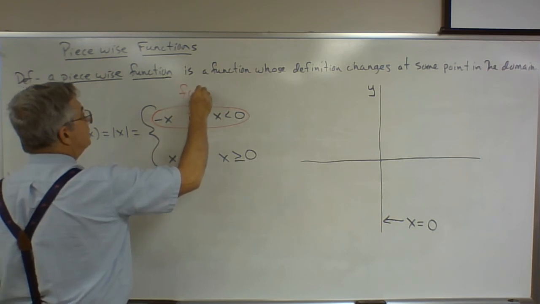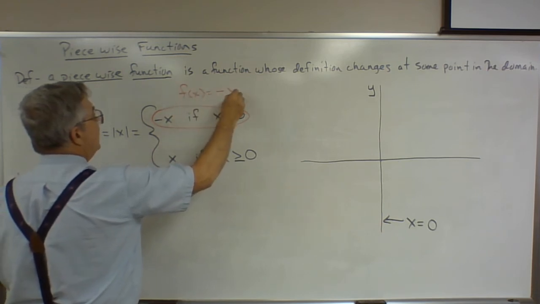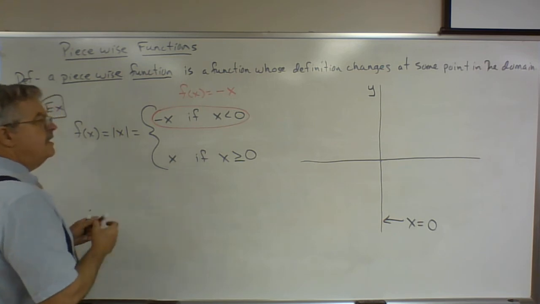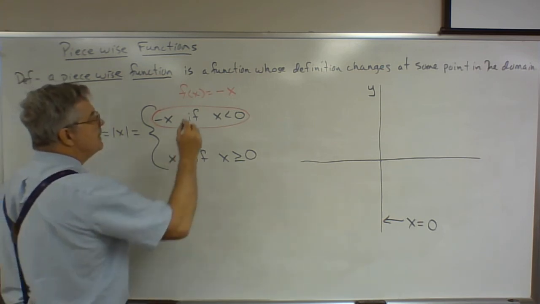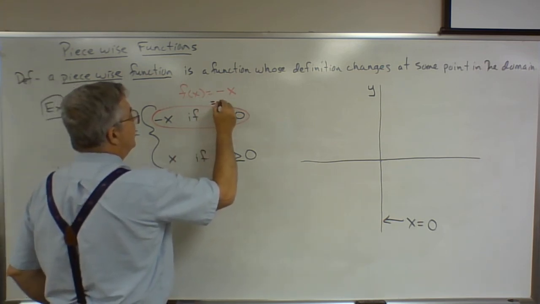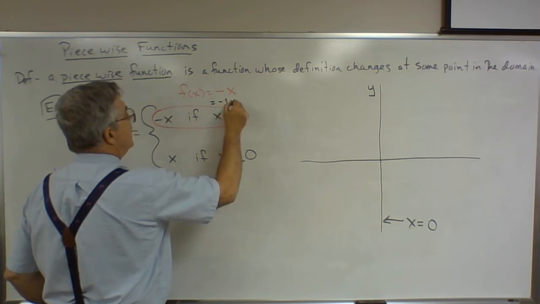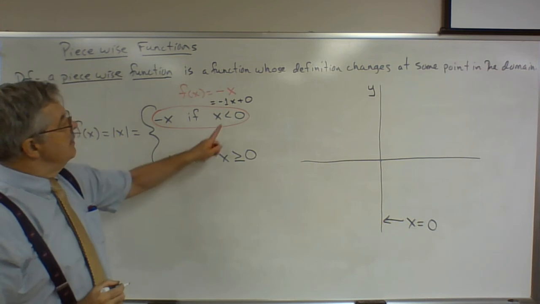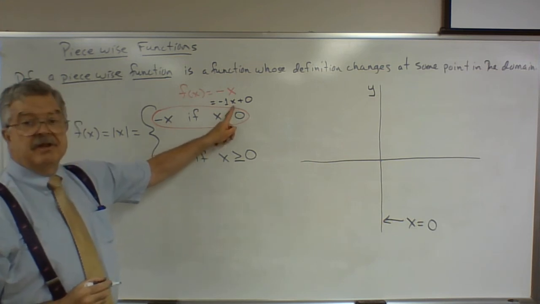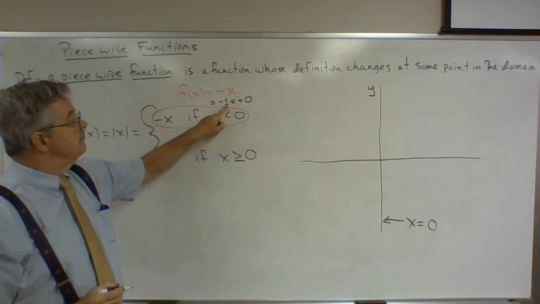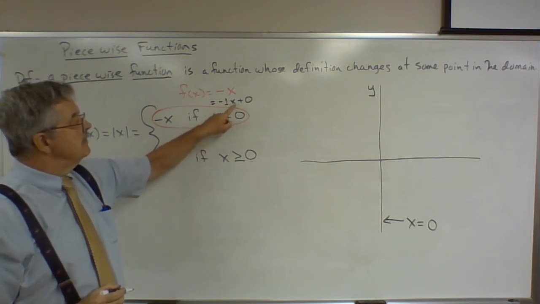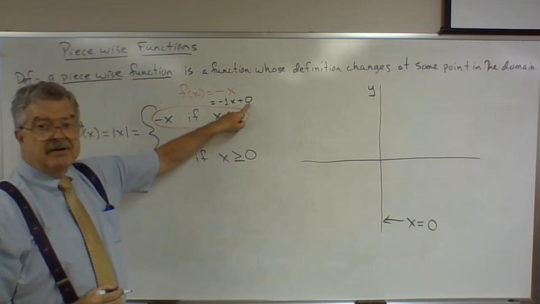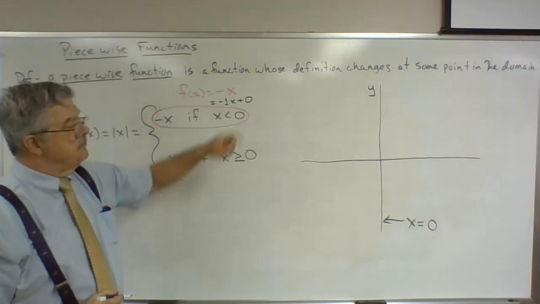F of x equals negative x. Isn't that the same as f of x equals negative 1x plus 0? This is the equation of a line in slope-intercept form, where the slope is negative 1 and the y-intercept is 0.